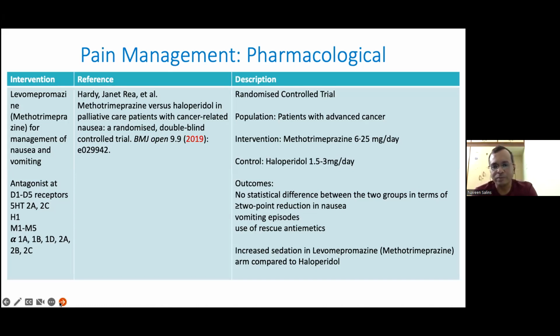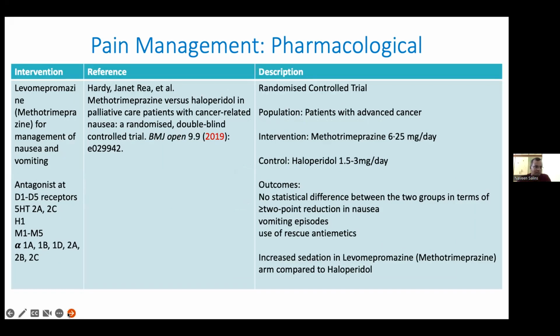And what the study showed, haloperidol versus levomepromazine, is that levomepromazine was by no means superior to haloperidol. The outcomes in terms of reduction in nausea or vomiting episodes were the same. So haloperidol is a time-tested drug, and if you look at the column on the left, I purposefully put the receptors it blocks.